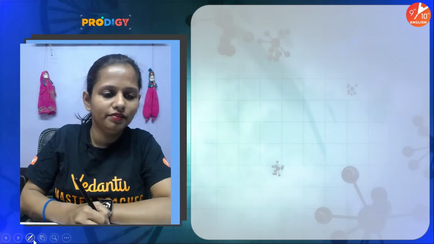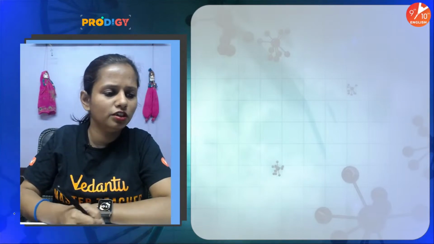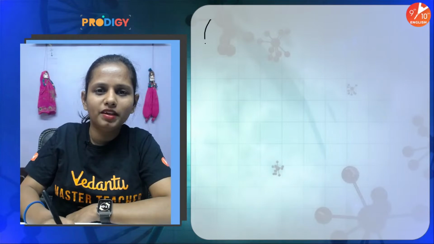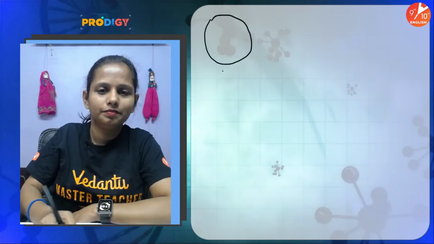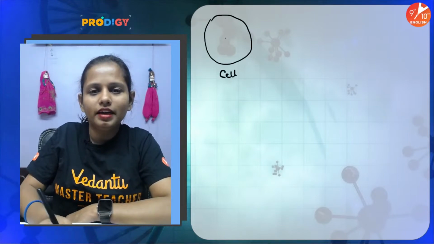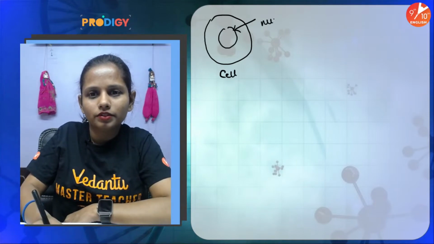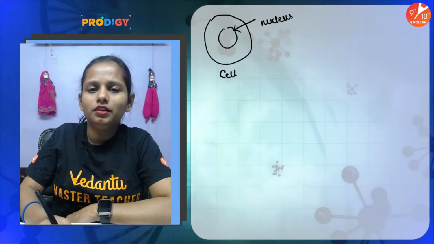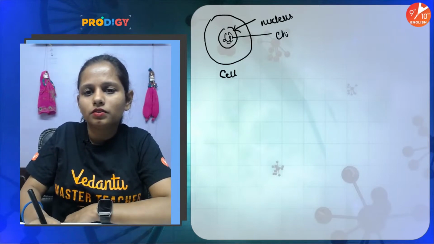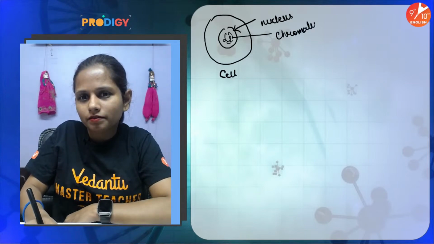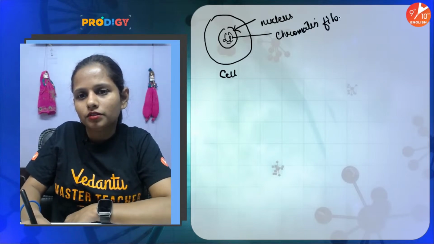है ना? Life of every individual, you, me, everyone on this planet Earth, it all begins with a single cell. Now inside the cell, there's always a nucleus. Now inside the nucleus, there are thread-like structures which we call chromatin fibers.